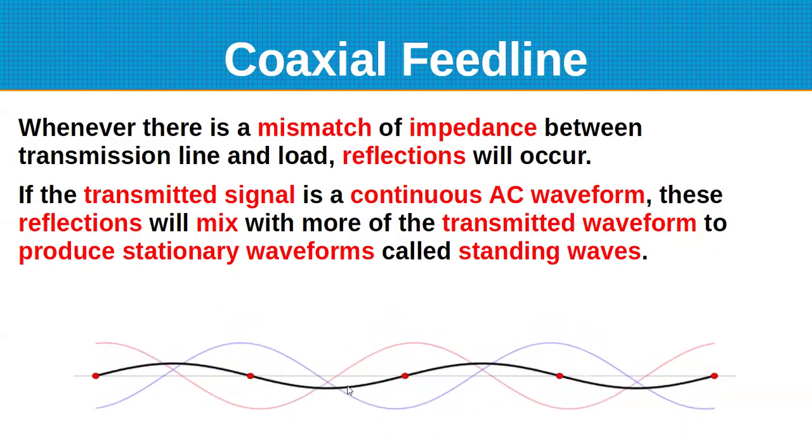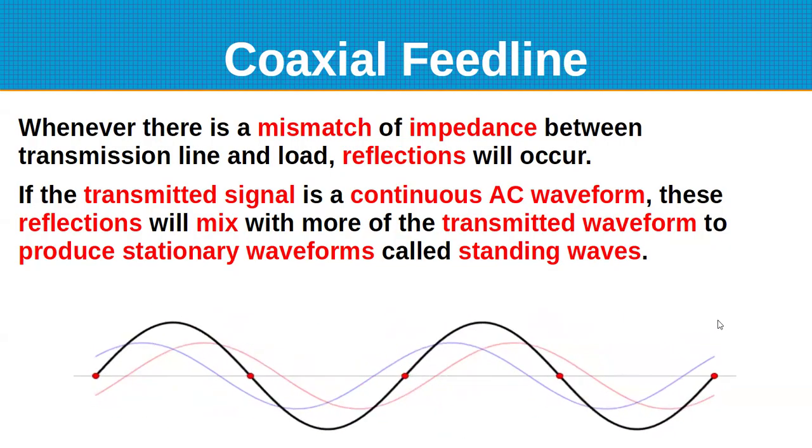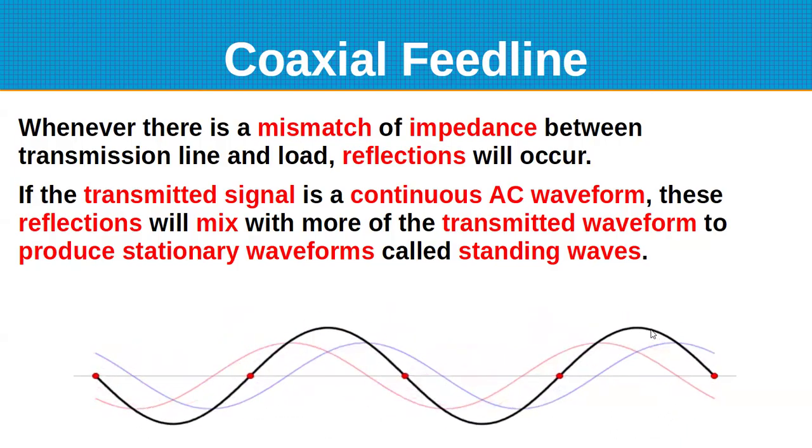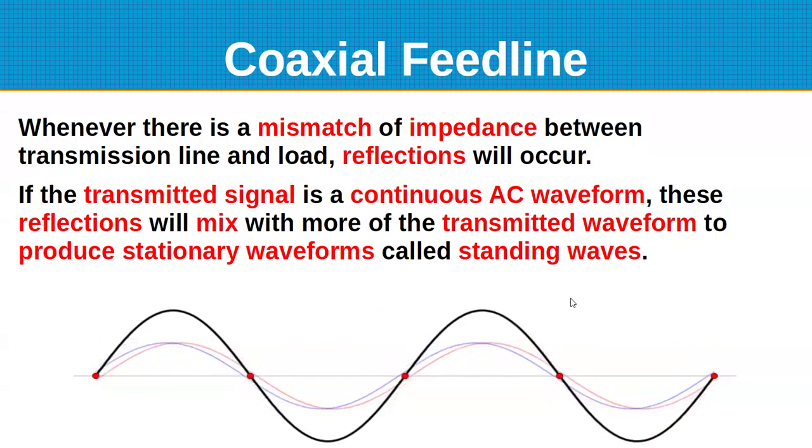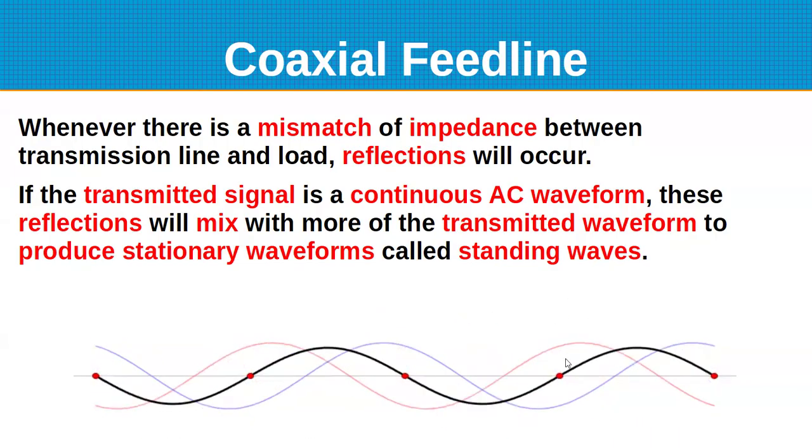It may have a lot of energy depending on the amount of reflection. So it can cause what we call RFI. You might pick it up in speakers and things like that.